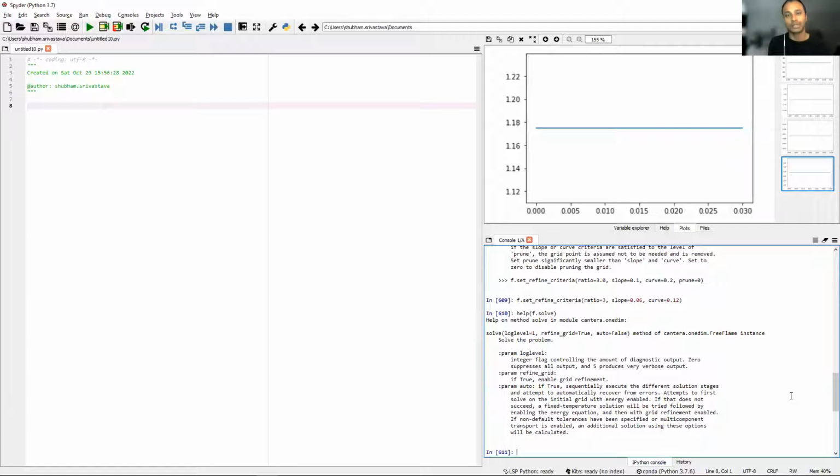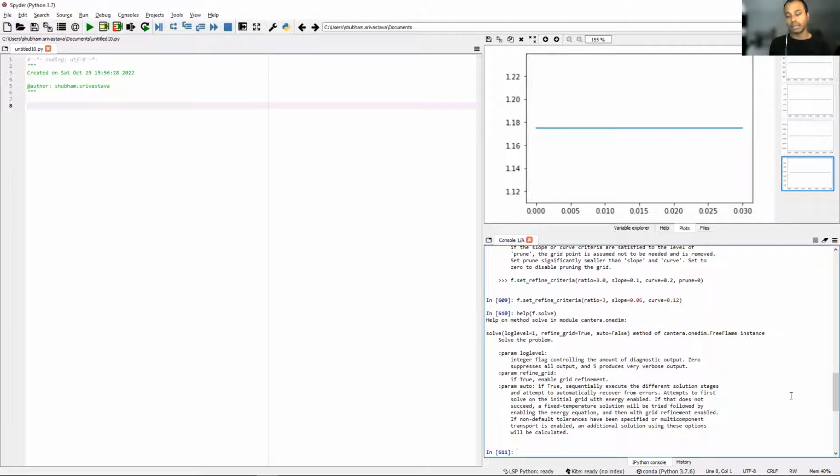Cantera will solve the equations and finally generate the output when it's ready. Subsequently, there are levels 1, 2, 3, up to 5, and 5 is the most verbose, where Cantera produces output for everything it is doing internally. Generally, I find that to be too much information, so I keep log level as 1, and we will see what that does.